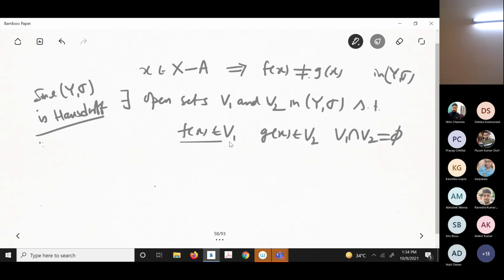Now look, I have given you that f and g are continuous. So f is continuous at x.